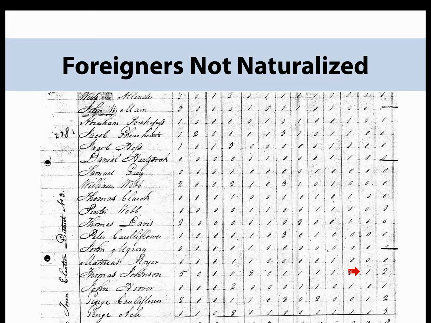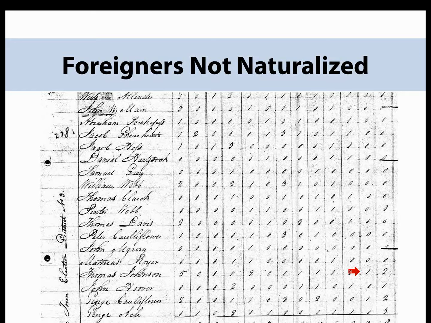So this is significant because in 1830, they are asking this same question. Therefore, if there is a 1 in this column in the 1820 census, and then moving forward in the 1830 census, there is no tally mark, and the same amount of people live in the household, it's safe to assume that that person may have naturalized in that 10-year time frame.